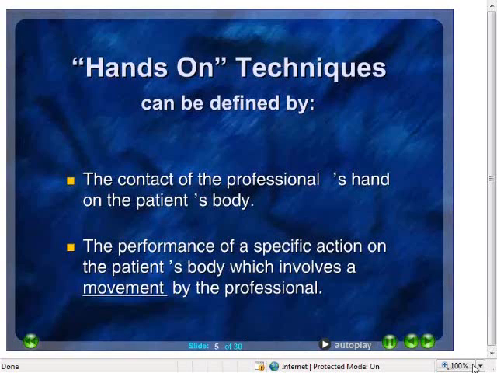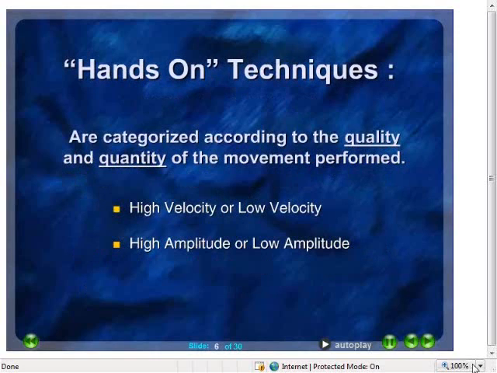Hands-on techniques can be defined by the contact of the professional's hand on the patient's body or the performance of a specific action on the patient's body which involves a movement by the professional. Hands-on techniques are categorized according to the quality and quantity of the movement performed, either high velocity or low velocity, or high amplitude or low amplitude.